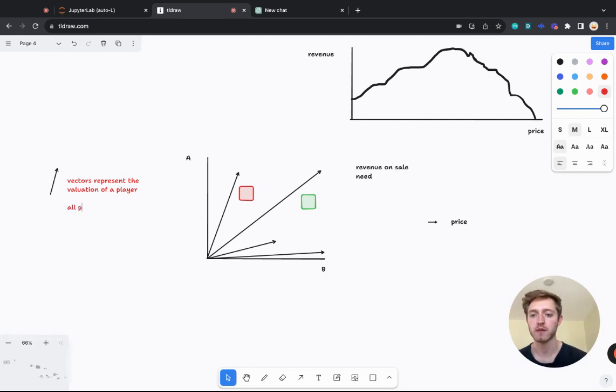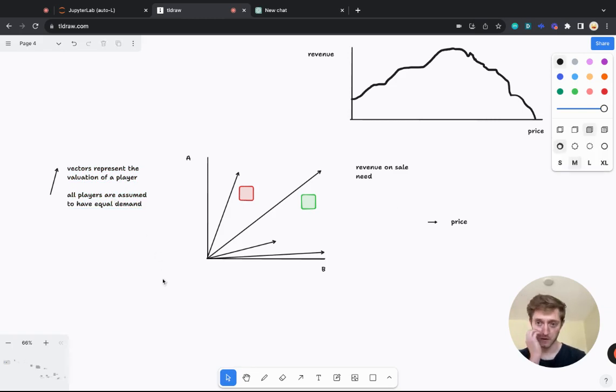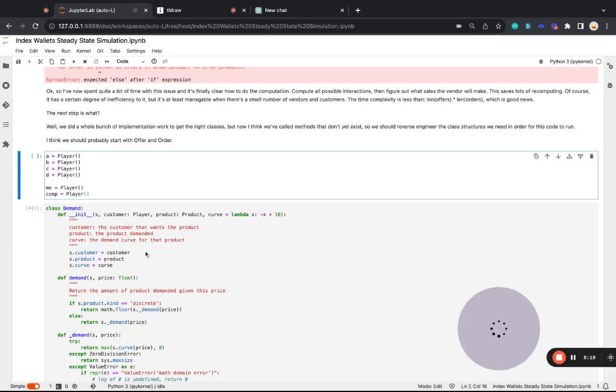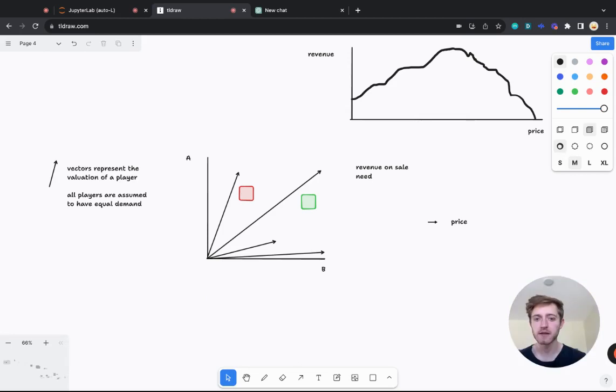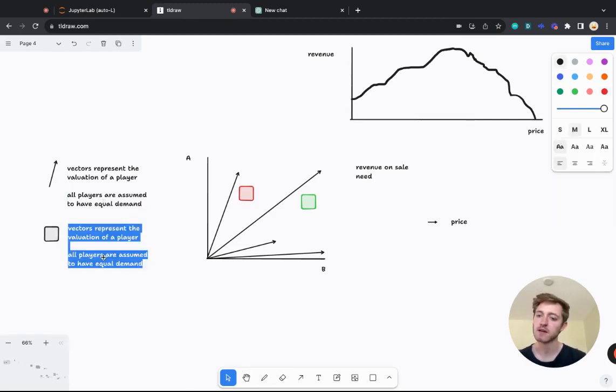All players are assumed to have equal demand for now. Okay, so that is our world. This over here should say something like vendors.